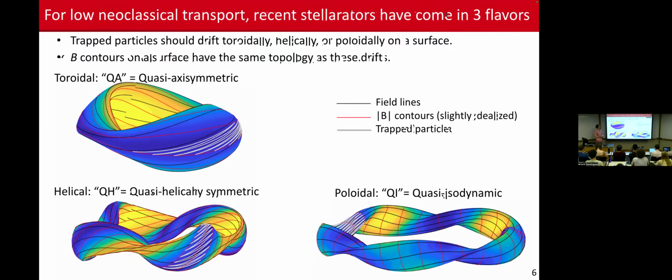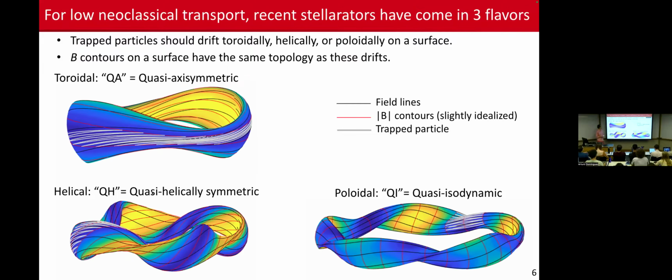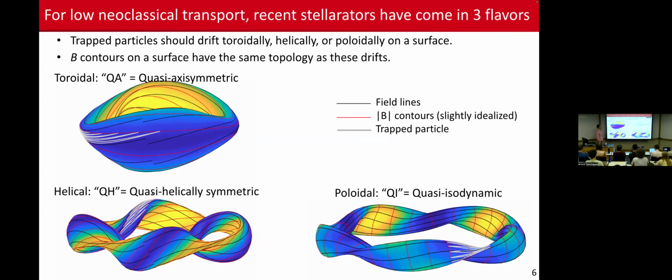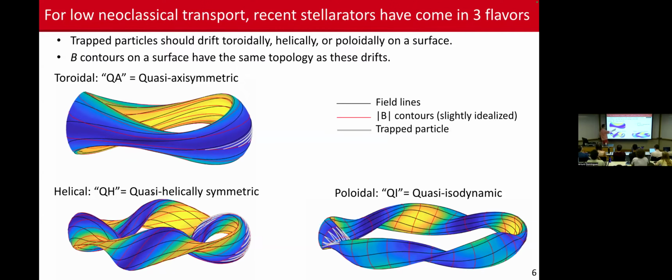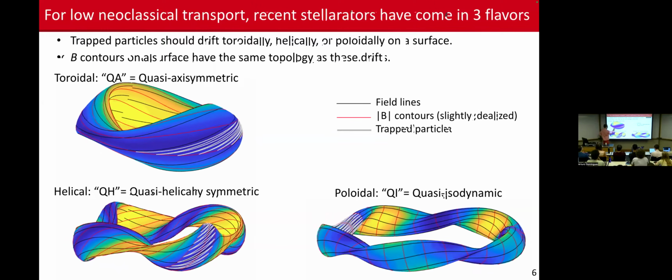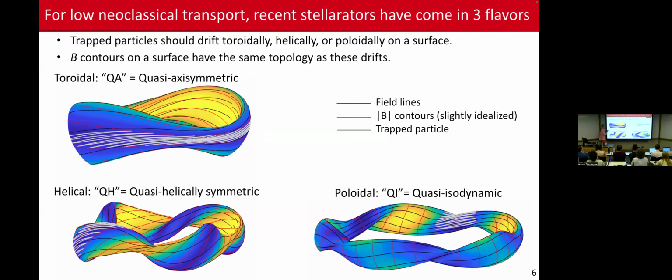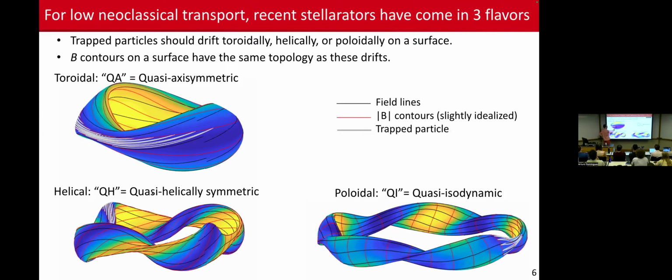So you probably saw yesterday the talk about trapped particle trajectories. And we have these different classes. We have toroidal quasi-axisymmetric stellarators, where you can see the trapped particle basically bounces between these toroidal contours of mod B, and it's slowly drifting toroidally around the device as it bounces, right?